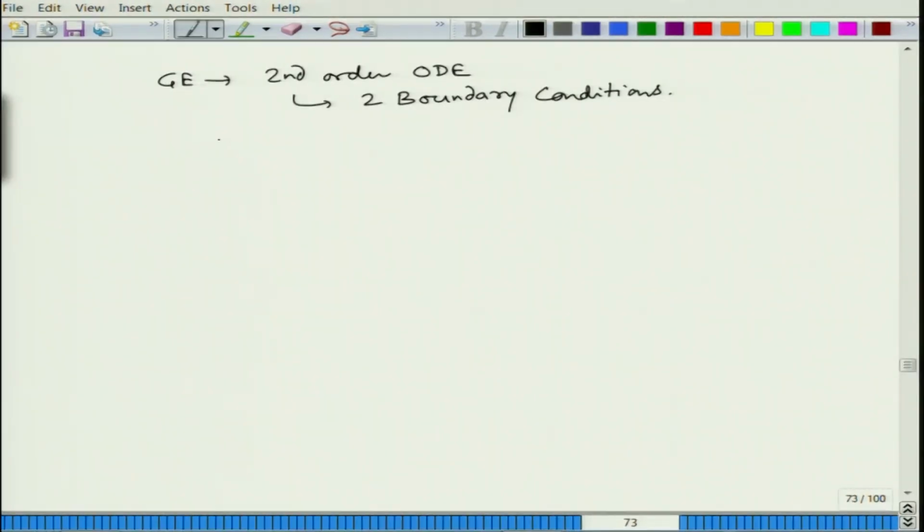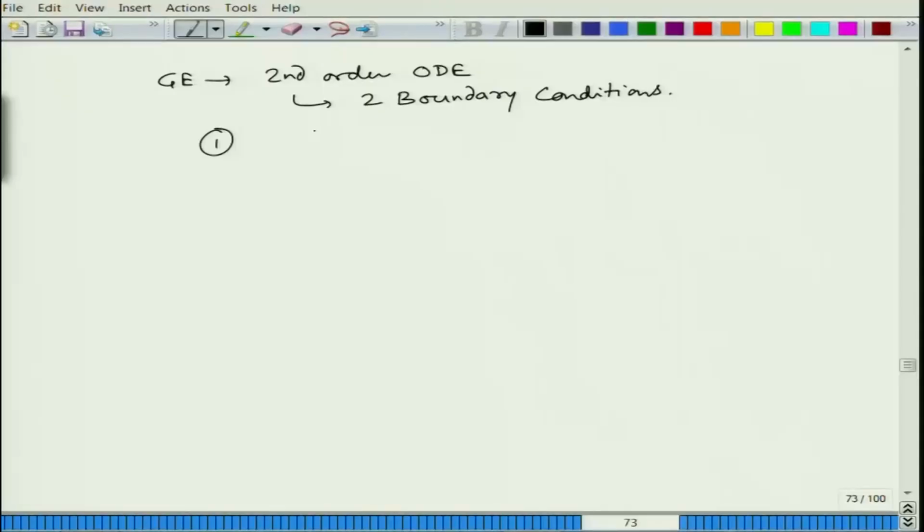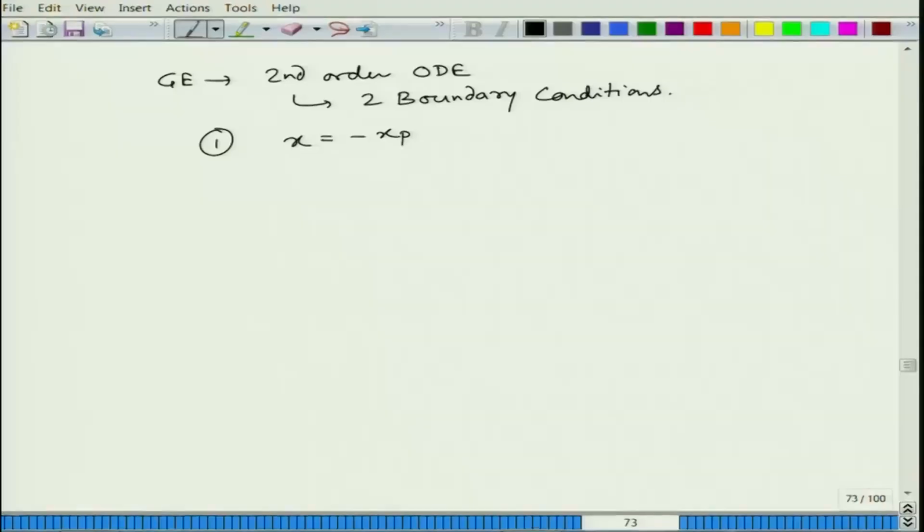So, the first boundary condition that we have is at the space charge region itself. That is x equal to minus xp, because we are talking about the p side and the space charge region stands where x is equal to minus xp, and it is known, right. Rather, delta N P is known from the carrier injection, right.